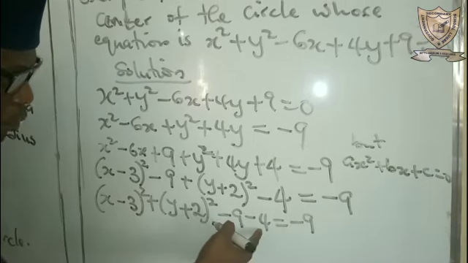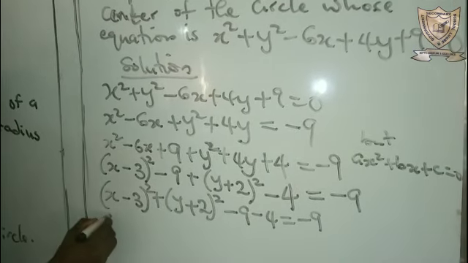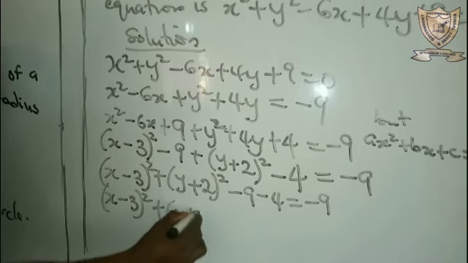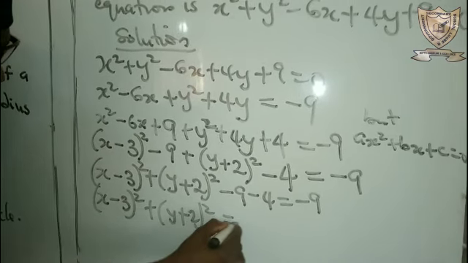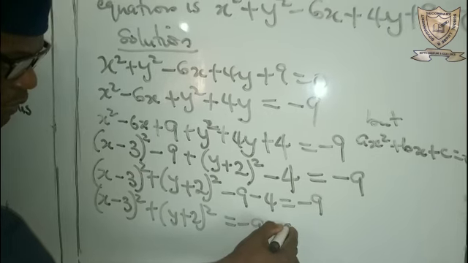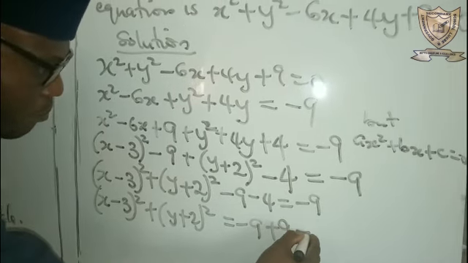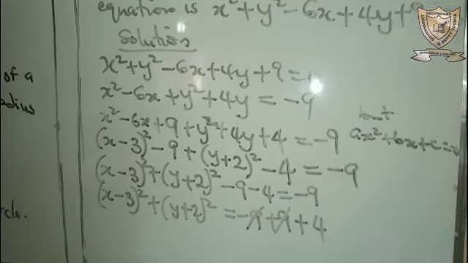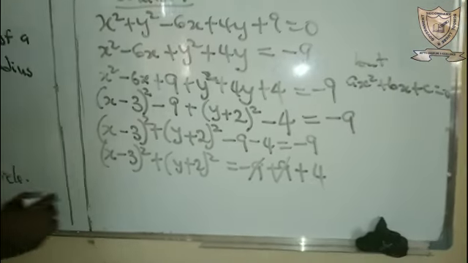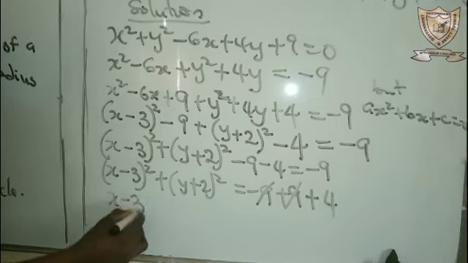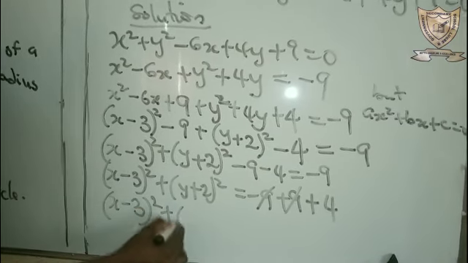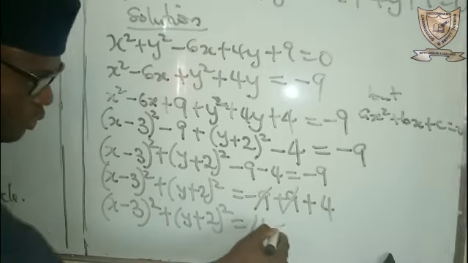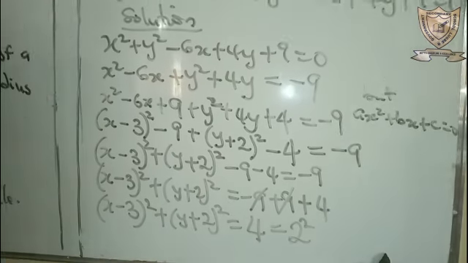So move the minus 9 and minus 4 over the equals sign. This cancels this, so we have (x minus 3) whole squared plus (y plus 2) whole squared equals 4. Of course, you know that 4 is 2 raised to power 2.